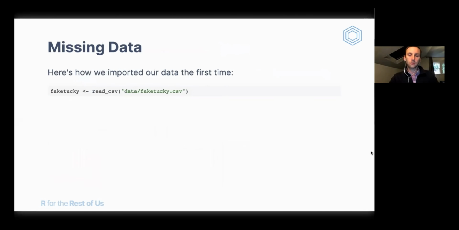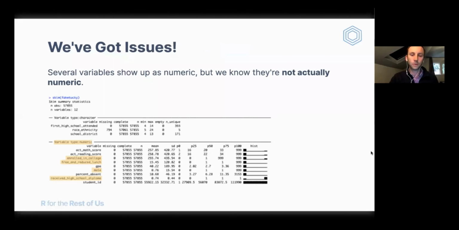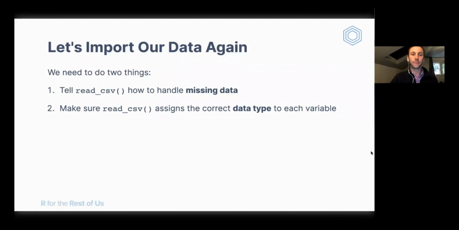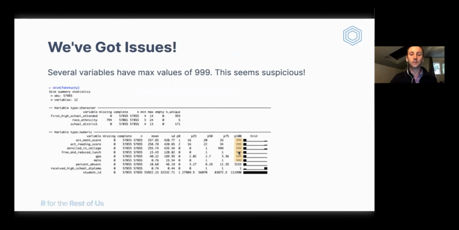Okay. So, sorry, I'm going through my slides, but not talking about them. So let's import our data again. And we're going to need to do two things to deal with this. We're going to need to tell read CSV, okay, how should you handle missing data? Because that 999 we saw, it's probably not actually 999.